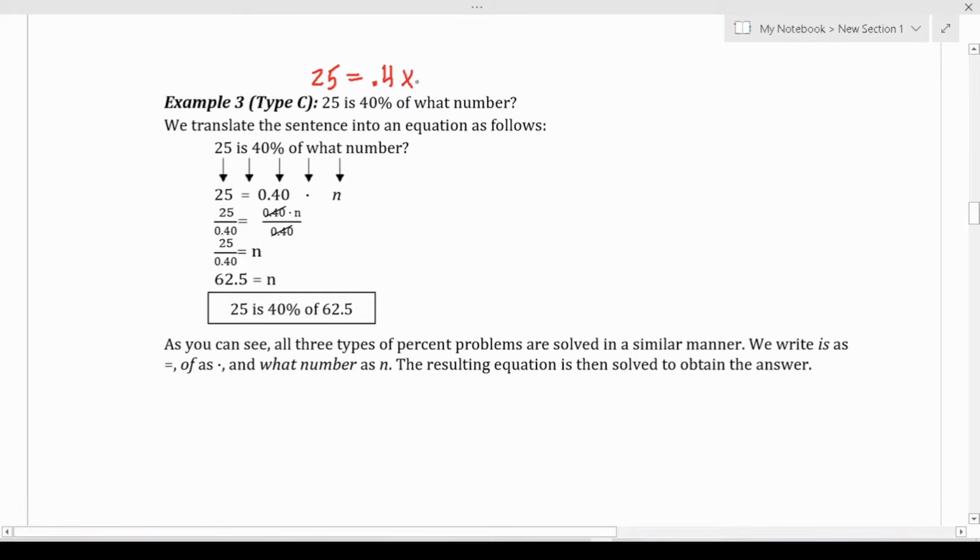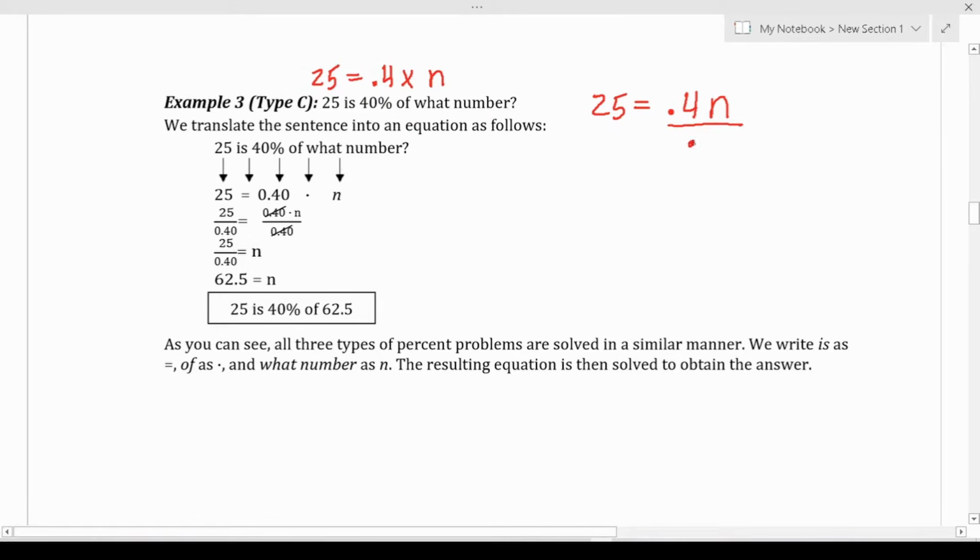Of is multiplication. And then what number is n? So to solve this one, we're going to write this equation. 25 equals, and 0.4 times n is just 0.4n. Okay, so by solving for n, we'll figure out what the answer to this one is.